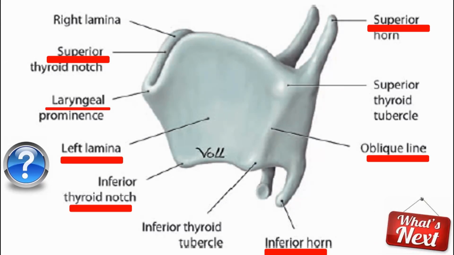Then between the superior horn and inferior horn, on the posterior part of the lamina, we have a prominent line called the oblique line.